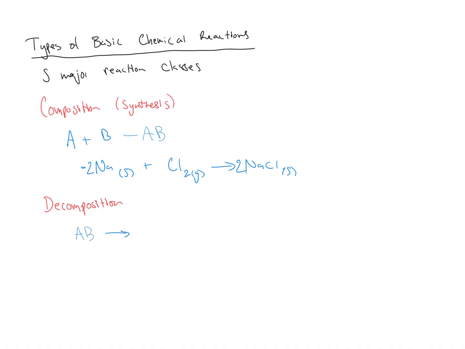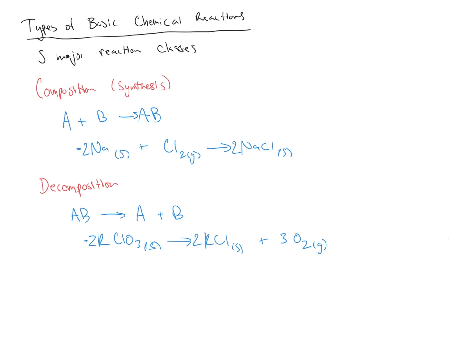So it's AB breaking apart to form A plus B. One example of this is, for example, potassium chlorate, KClO3, a solid, breaking itself apart or decomposing to make KCl, which is a solid, plus O2 gas. And if you want to balance this, of course, we should have 3 O2, we should have 2 KCl and 2 KClO3, right? Because we'll have 2 potassiums, 2 chlorides, and 6 oxygens at the end.